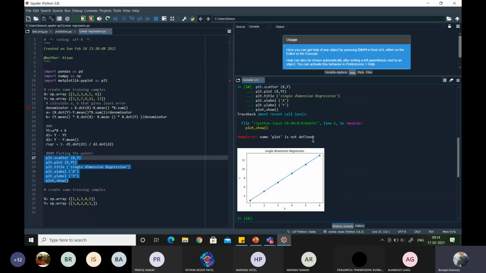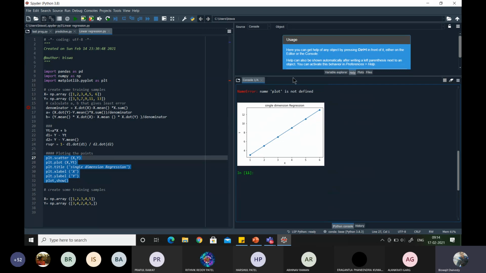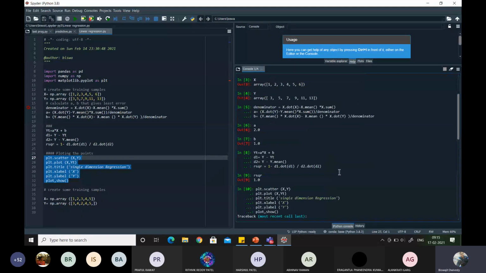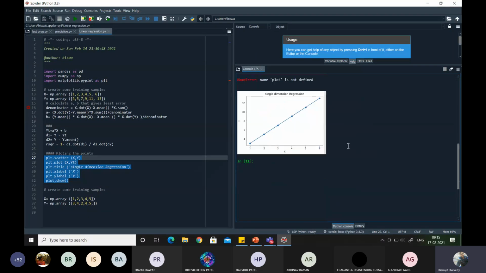So this is the case. Here you can see this is the regression line, and these are my input values.